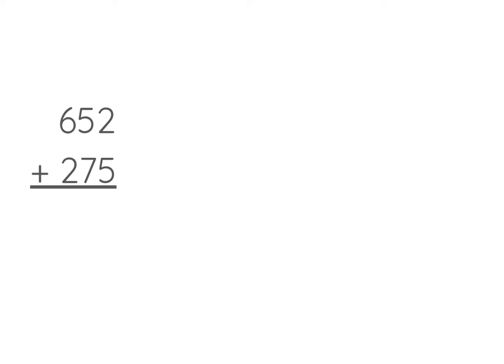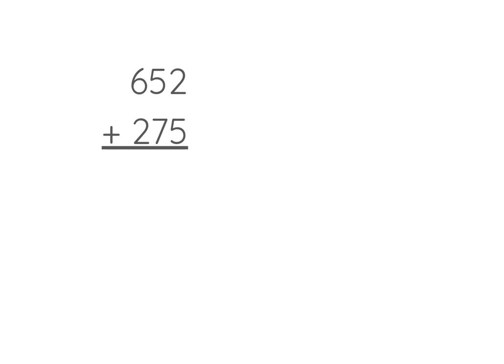Column form, and a lot of times we just call it partial sums, even though the other two forms are partial sums as well, is great if you're careful with the names and if you're neat with your columns. So add up 600 plus 200 and get 800.